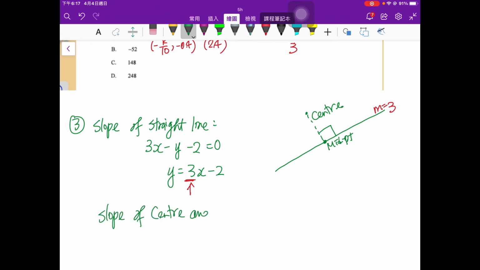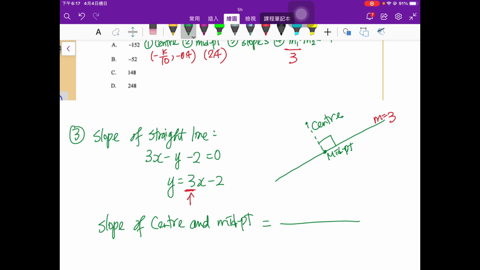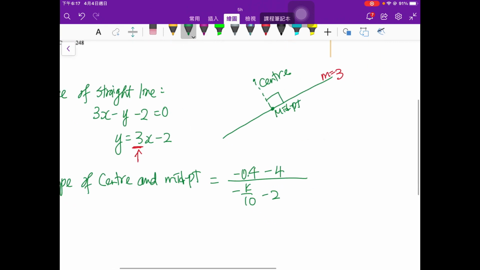Slope of center and midpoint: minus 0.4 minus 4 over minus k over 10 minus 2.